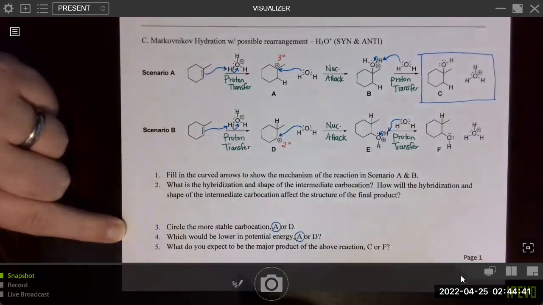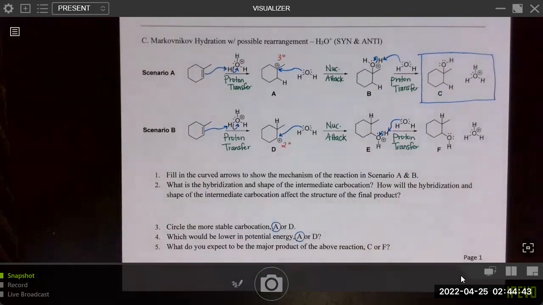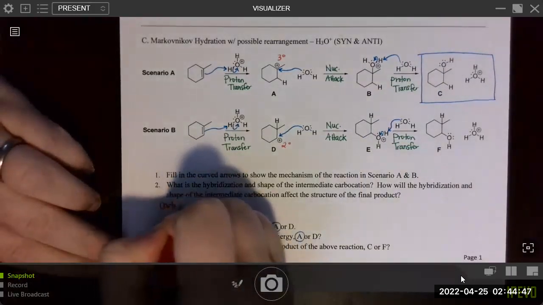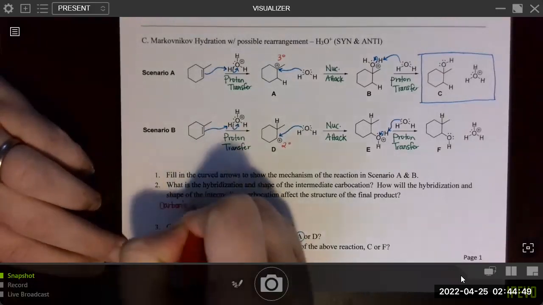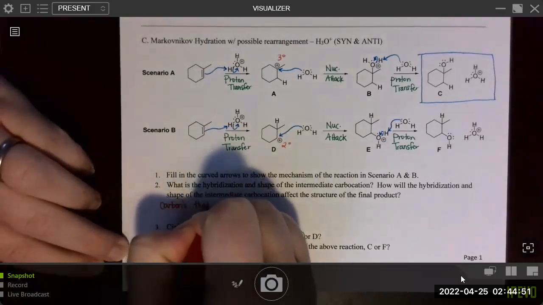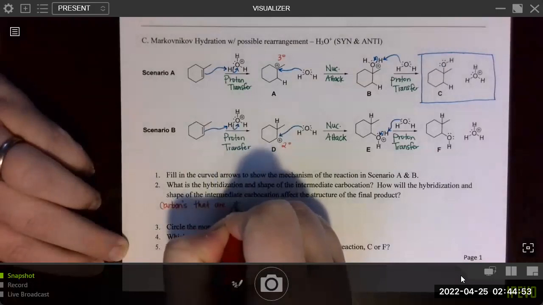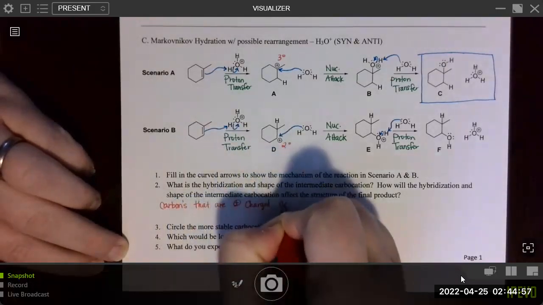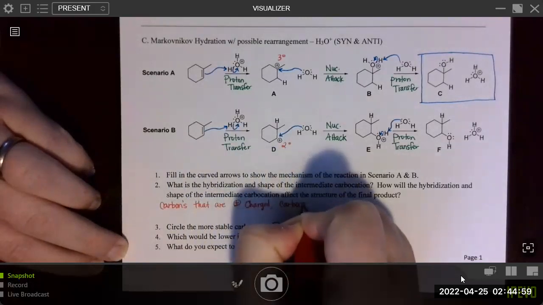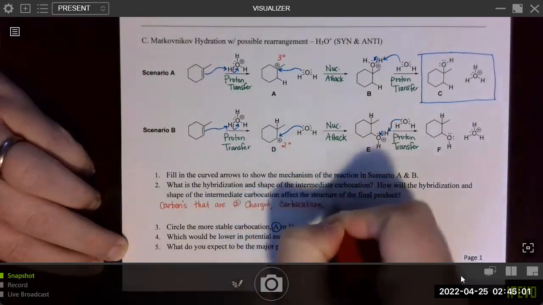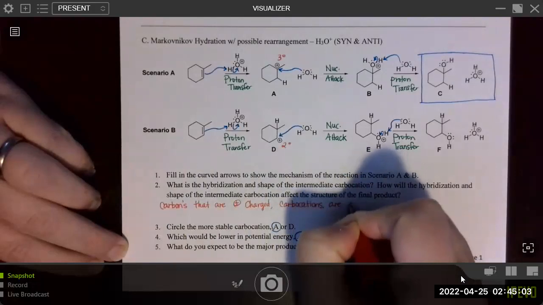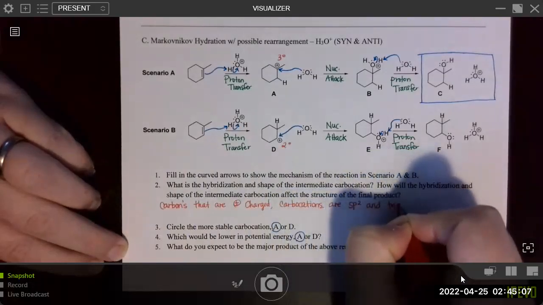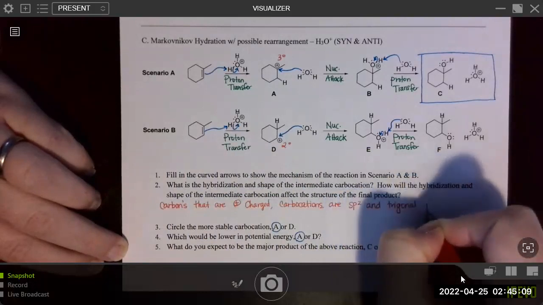So to answer this question, what we'll say is that carbons that are positively charged, which we call carbocations, are sp2 and trigonal planar.